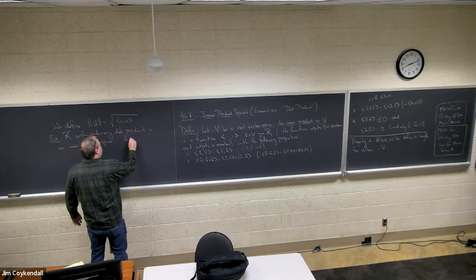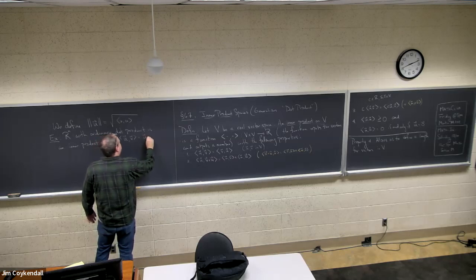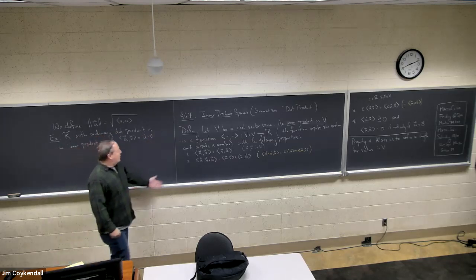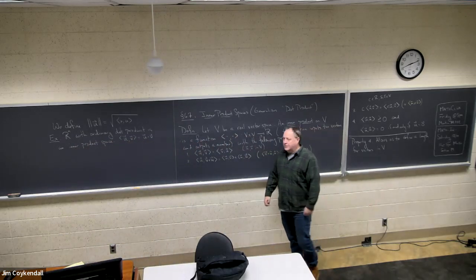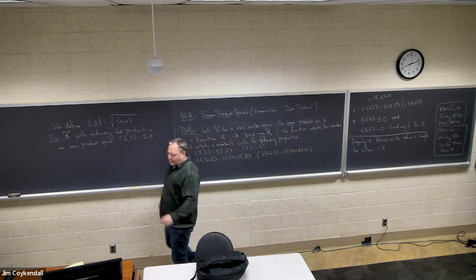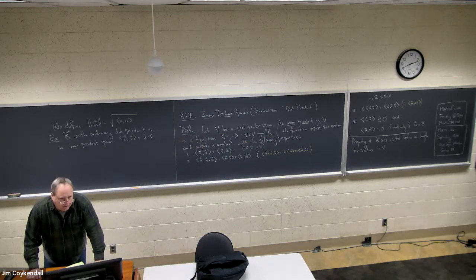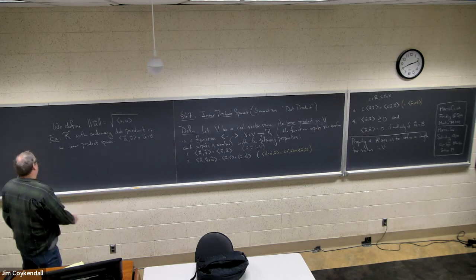Here, of course, the inner product of u and v is just u dot v. We already know that the dot product satisfies all four of these properties. But there are lots of ways that you can make an inner product that's a little bit different from this. Let me take this dot product and massage it a little bit.